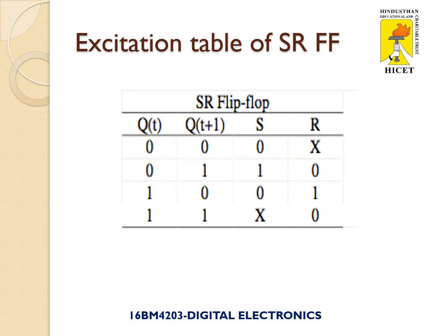Very important information. Excitation table information is very much required for designing synchronous sequential circuits and counters in digital electronics. Similarly, if you want, you can develop the excitation table of the JK flip-flop. In the JK flip-flop general truth table, the first three cases are the same as the SR flip-flop.